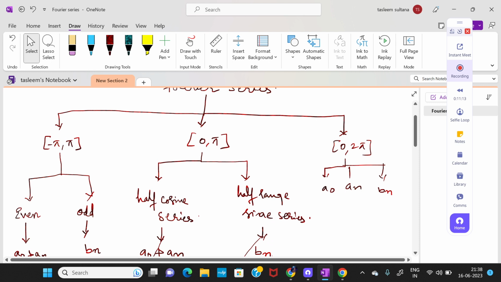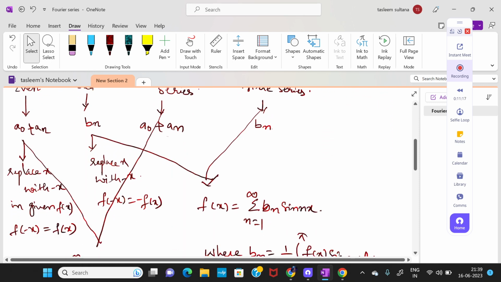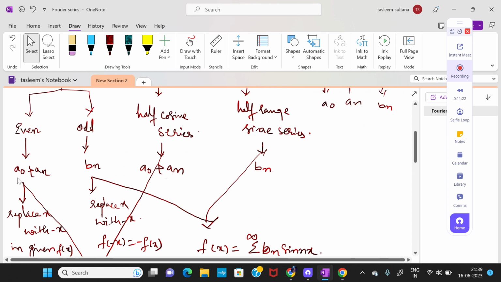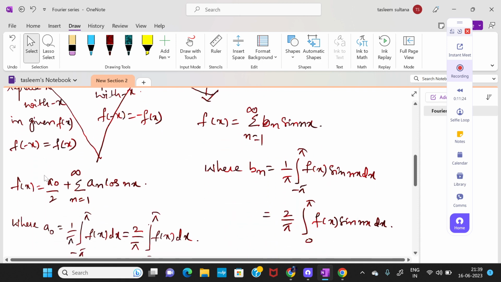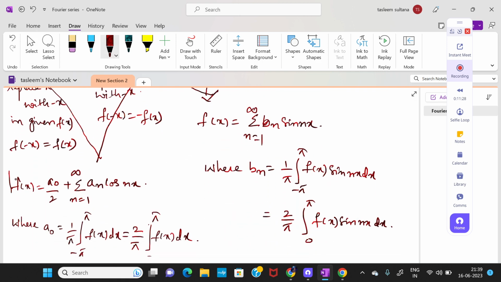Then when it is in this interval, first you are going to check by replacing your x with minus x. If it's reverting back to the same given function, then only you have to find a naught and an values, where your series will change to this only. Bn will be 0 here. So your series will be f of x is equals to a naught by 2 plus summation n is equals to 1 to infinity an into cos nx.